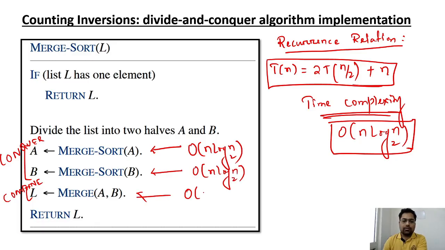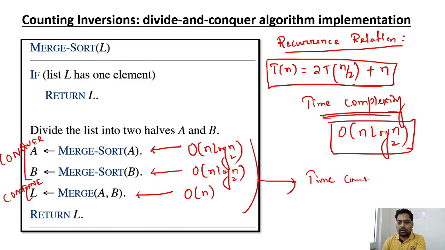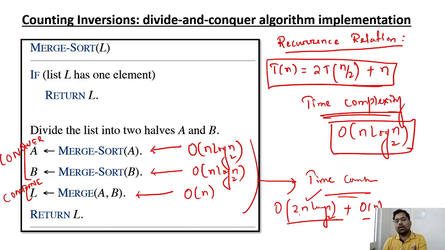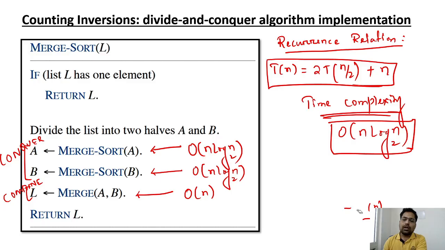If we add them, the time complexity could be big O of 2n log n plus big O of n. Here the maximum is 2n log n, but 2 is a constant, so you may remove it. You can write c into n log n, or simply n log n. The correct answer we can expect is n log n.